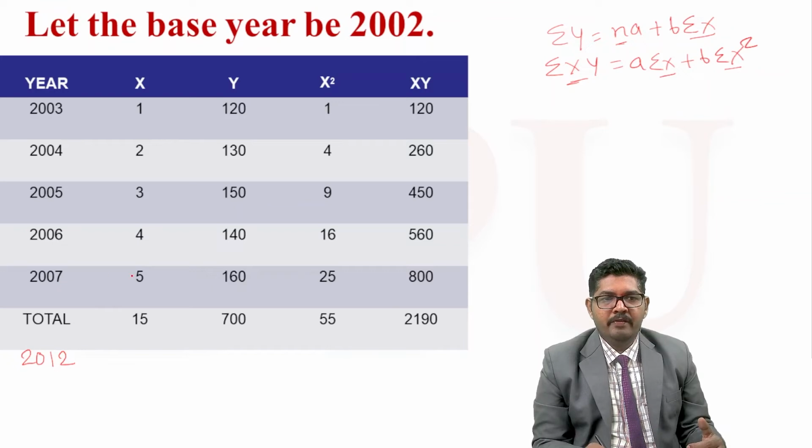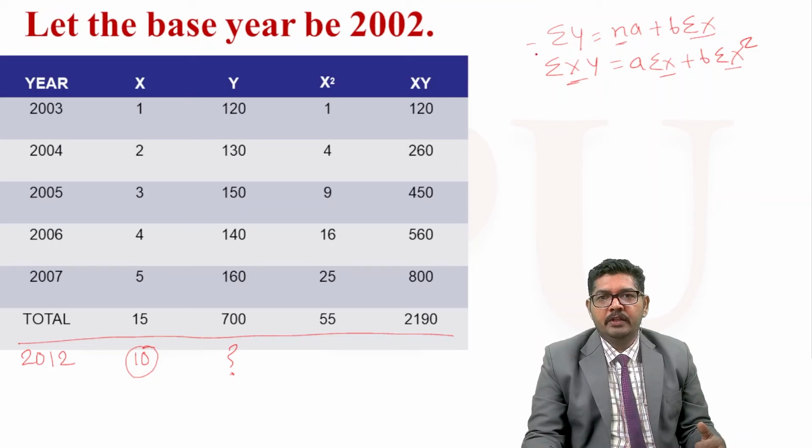So if 7 is 5, then 12 will be equal to 10, right? So we are interested to find out the value of y when the value of x is 10.